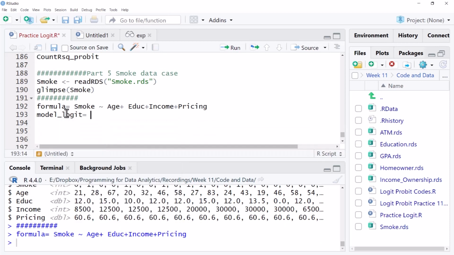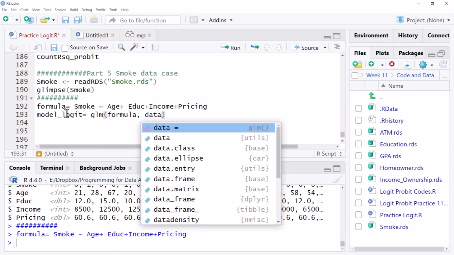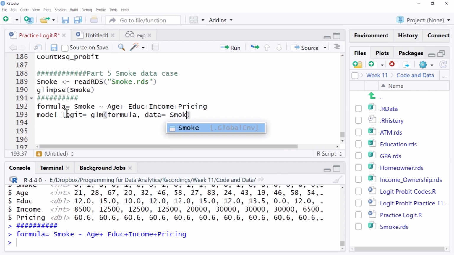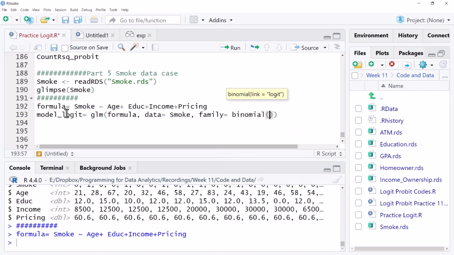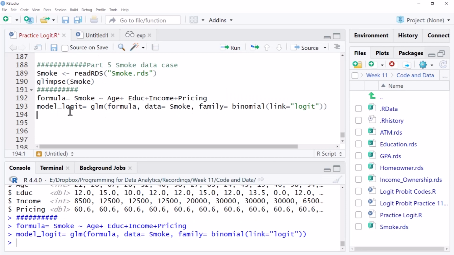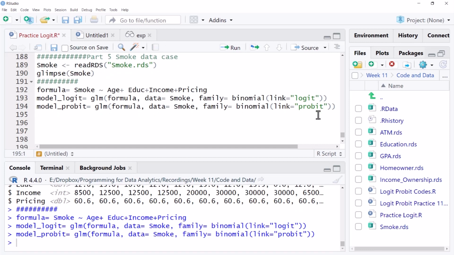The logit model is with glm, formula, data is smoke. In the family of models, we'll specify we want binomial with link equal to logit. So this is our logit model. Now we'll run probit here. Let's summarize the results. For that we'll use the summary command.